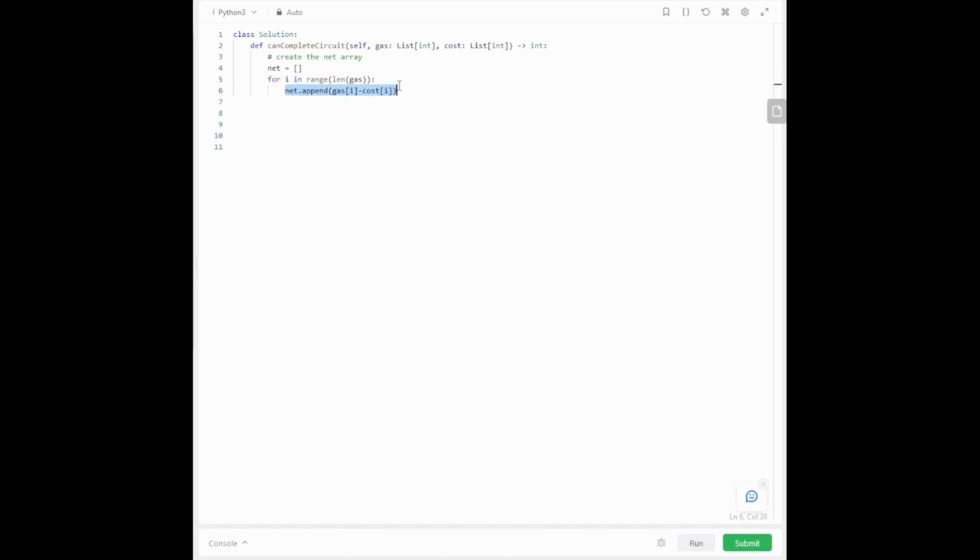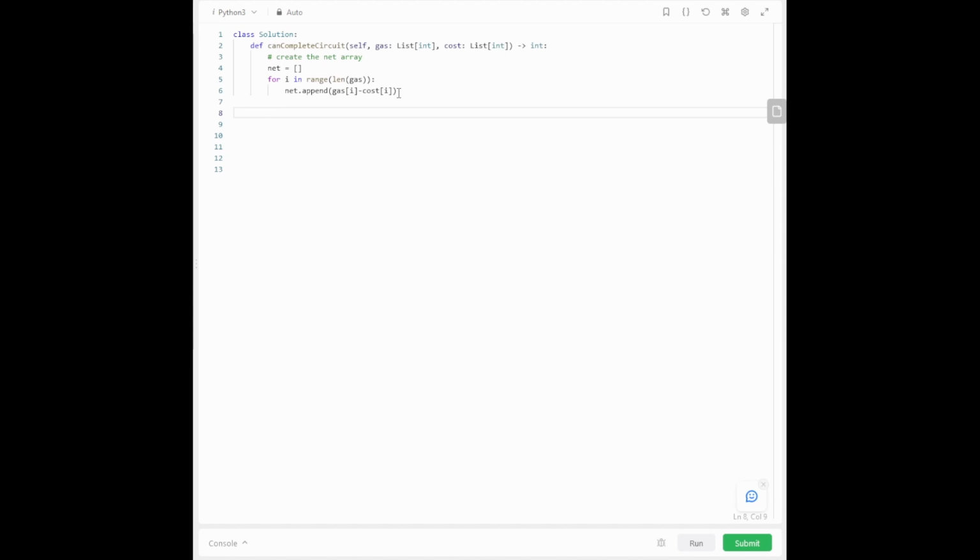Then I append. I add to the end of this list the difference between the gas and the cost at that position, so that at the end what I have is just the differences in the exact same positions and the same order. And I've created that net array that we talked about.